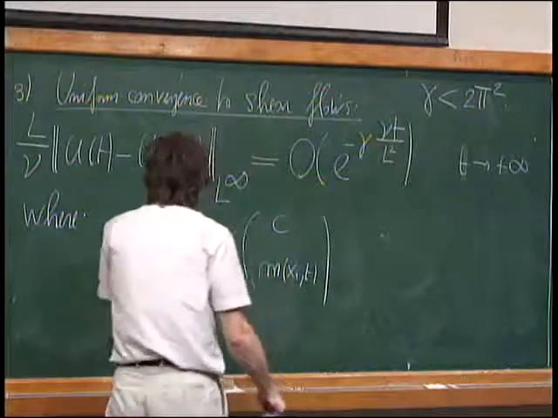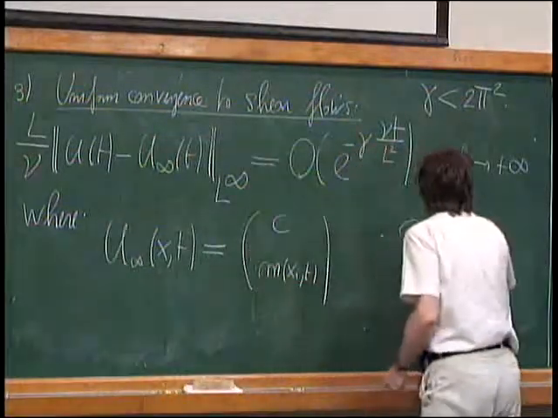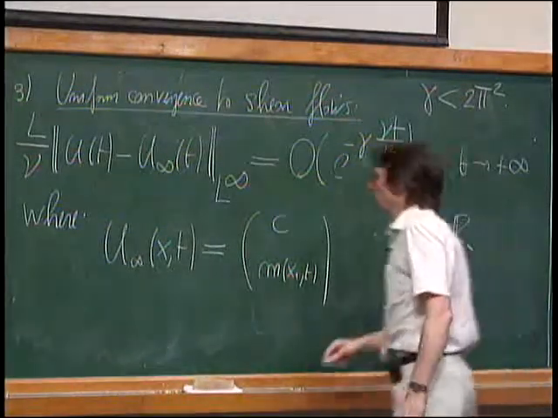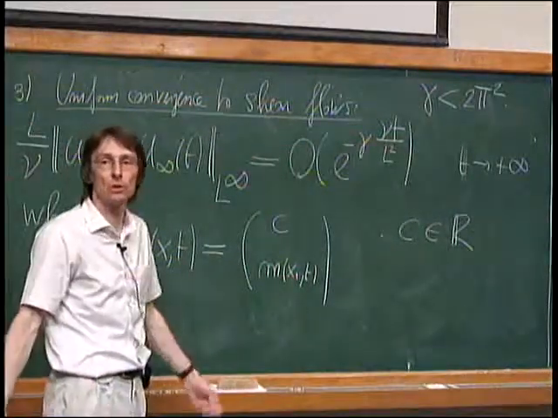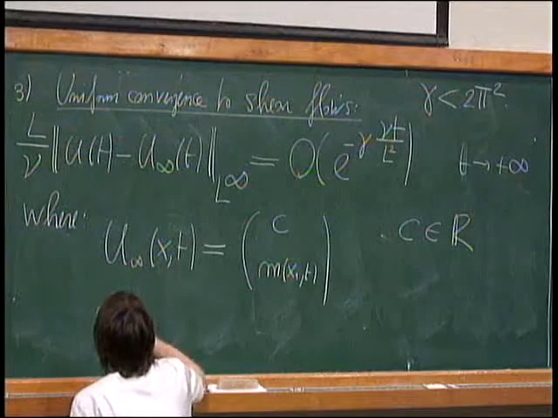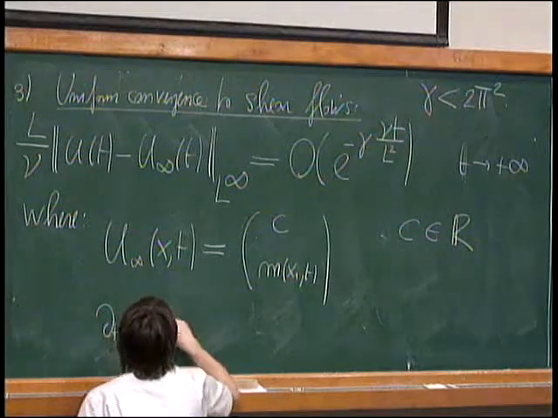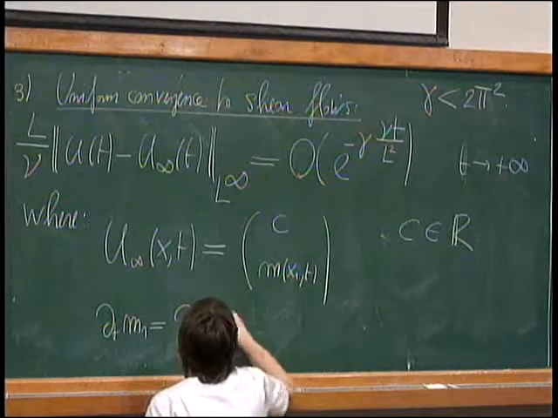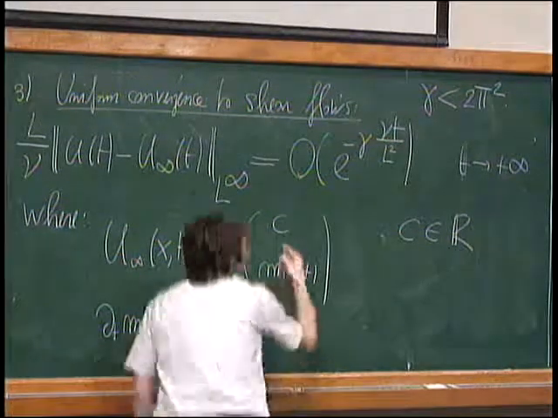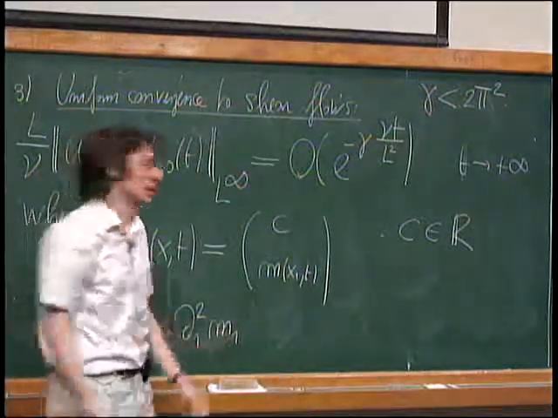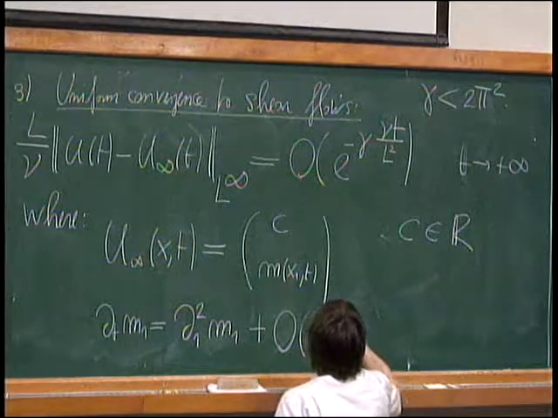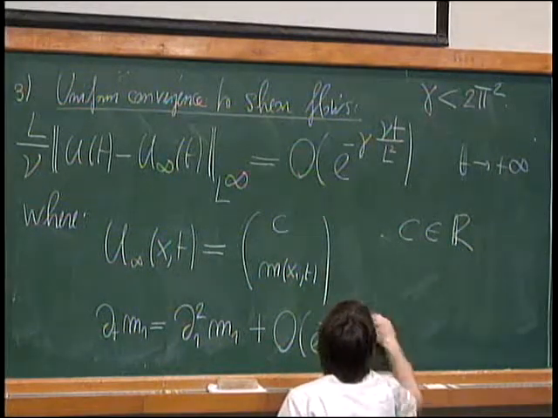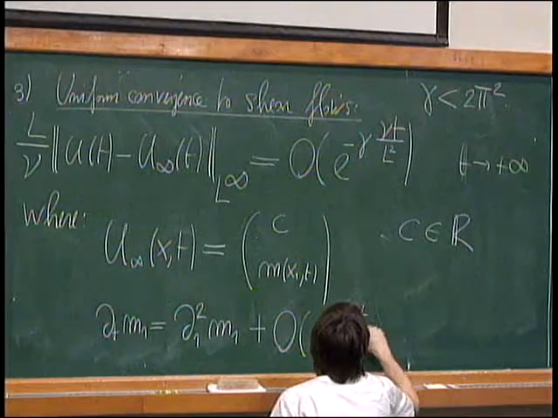And c is a real constant. And what is m1? So m1 is an approximate solution of the heat equation: dt m1 is equal to d1 square m1. This is a one-dimensional heat equation because it depends only on one variable, plus order of e to the minus 2 gamma nu t over L square.